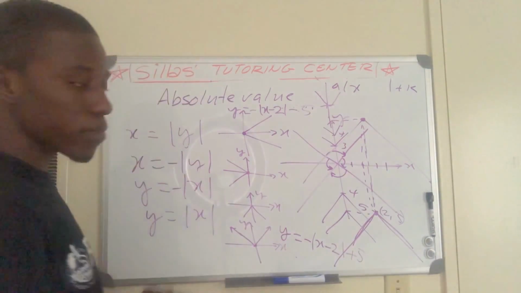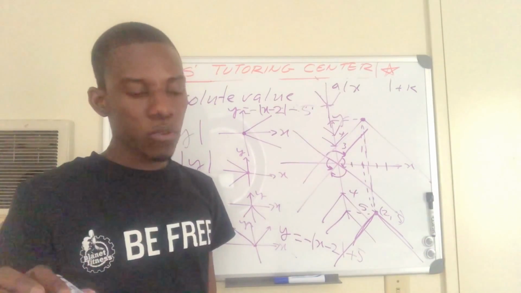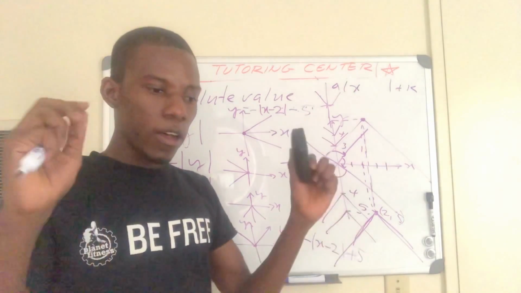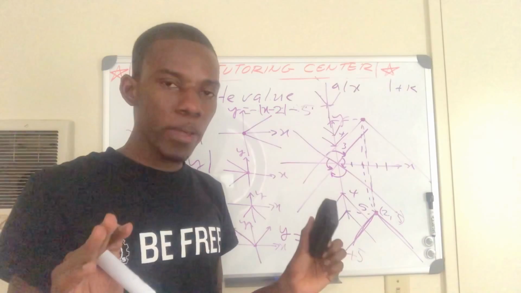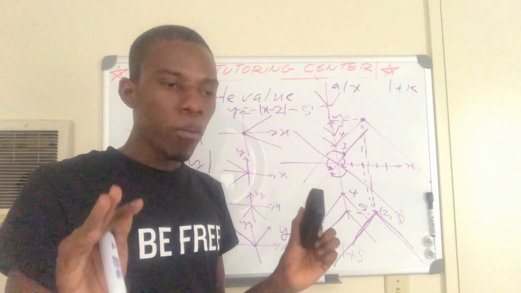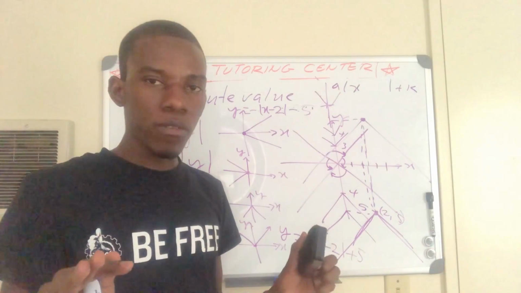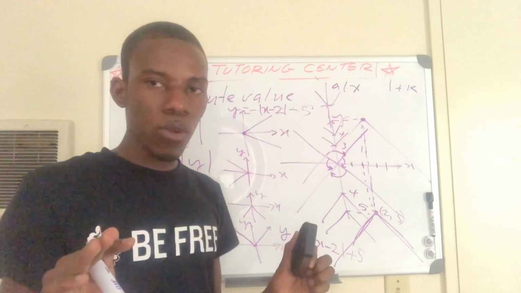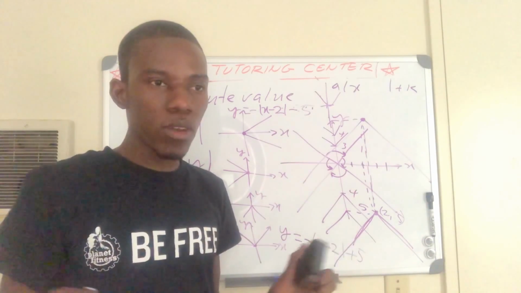Okay, so basically that's the behavior of an absolute value function. It's basically a V shape, and it shifts depending on how much h and k are, which are the vertex of the function. So if one is 0, we know that we're going to be somewhere on one of the axes.